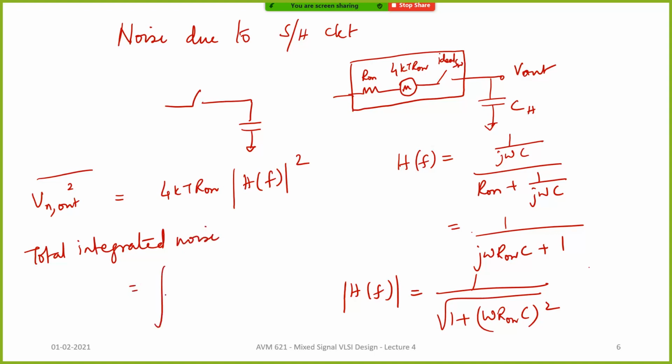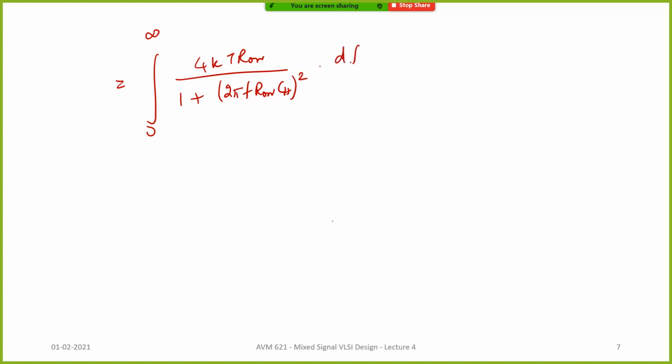It is nothing but integrating this Vn out squared, which is a function of frequency, from 0 to infinity. So you will get the integral from 0 to infinity of 4kT Ron divided by (1 plus (2 pi f Ron C) whole squared) df.